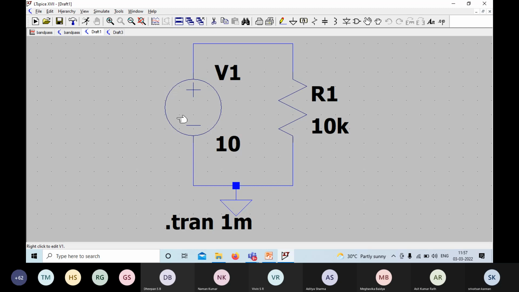Anyone, please? The characteristics of the diode were discussed in the class. Sir, it conducts electricity in one direction. So it conducts electricity in one direction.